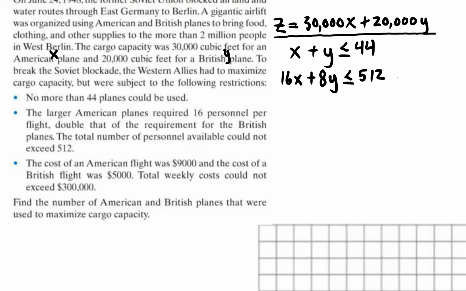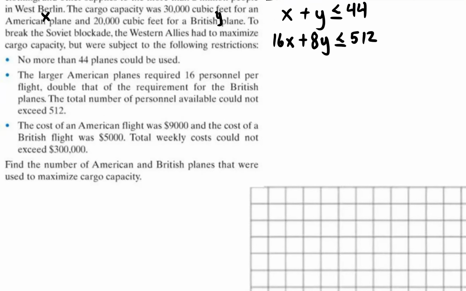Then it says the cost of an American flight was $9,000 and the cost of a British flight was $5,000, and total weekly costs could not exceed $300,000. So you have 9,000x plus 5,000y, and it could not exceed $300,000.